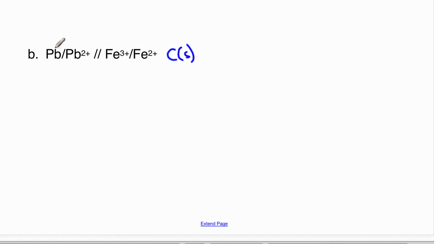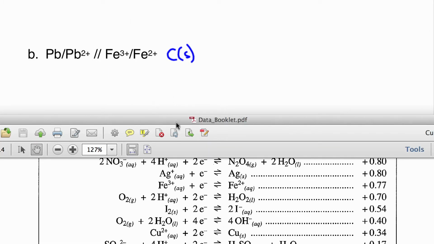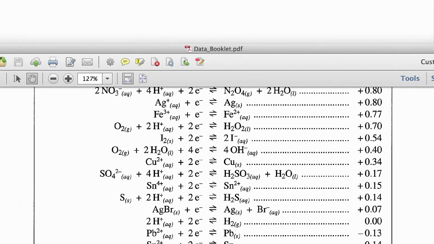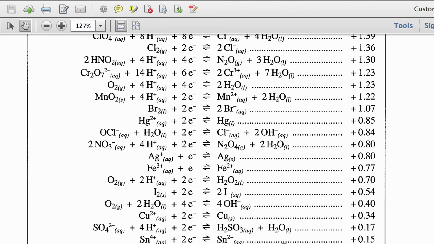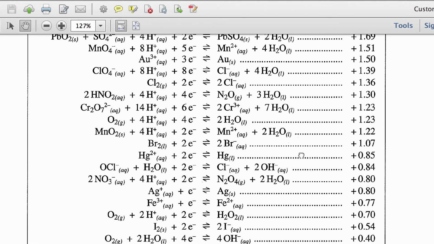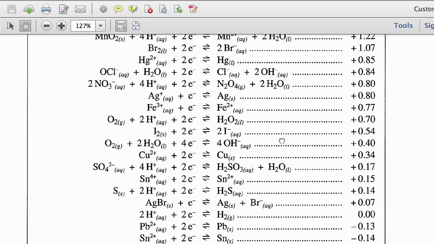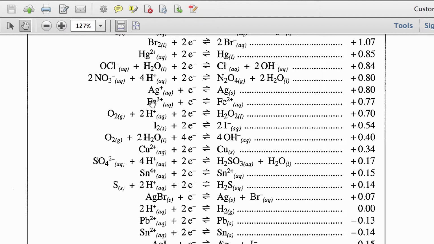Okay, so I need to look at all these species and see which one's highest up on the left, lowest on the right. Okay, all right, so lead and iron. Okay, so here's the top. Lead and iron. Oh, there's iron 3 plus right there. That's going to be my SOA for sure.